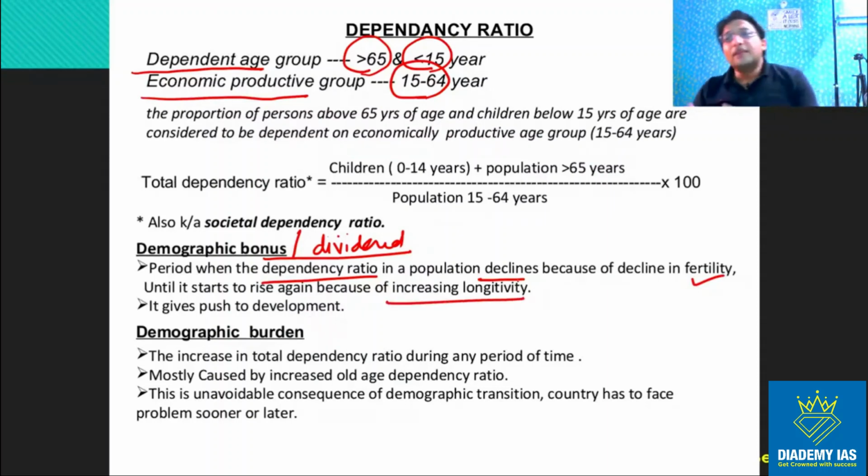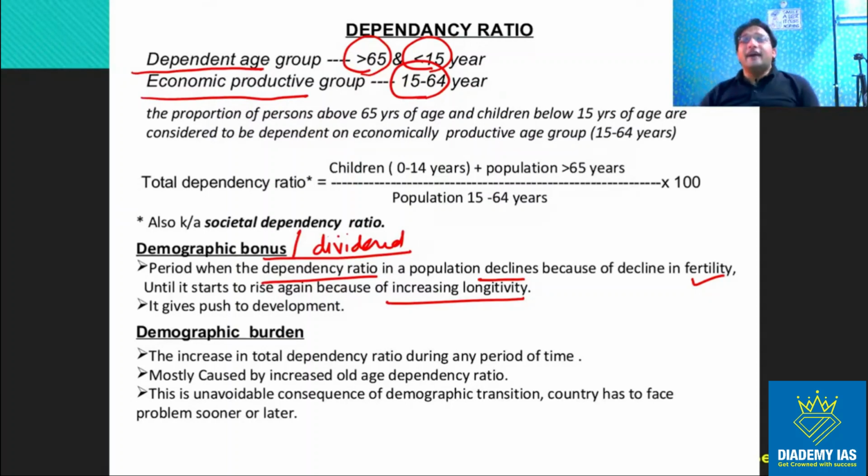So in simple words, when dependency ratio is less and working age population is high, then we call it demographic bonus or demographic dividend. In fact, let me tell you more precisely, this is the demographic window of opportunity. This demographic window of opportunity will be converted into demographic dividend when we are able to harness the benefits which are available because of the high working age population.